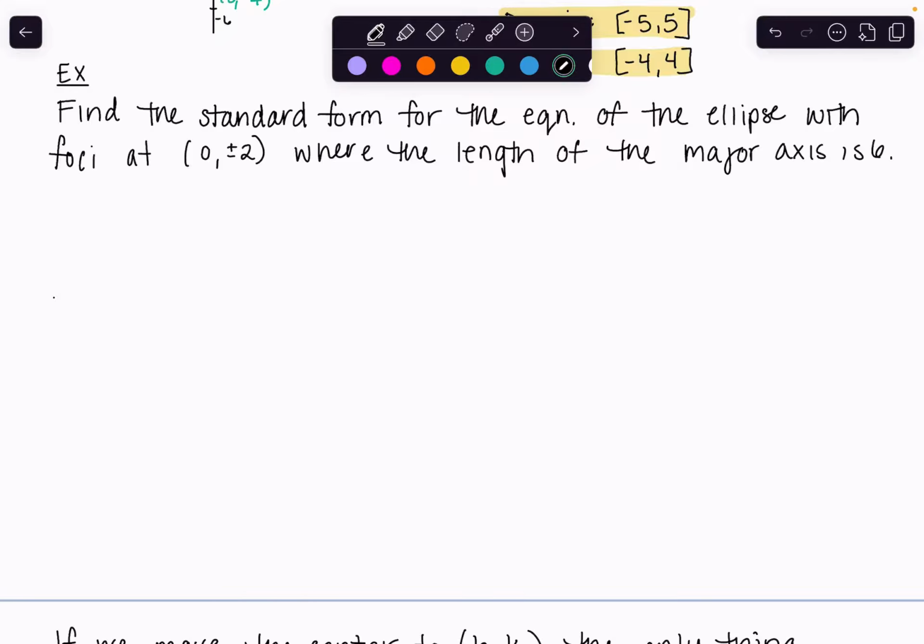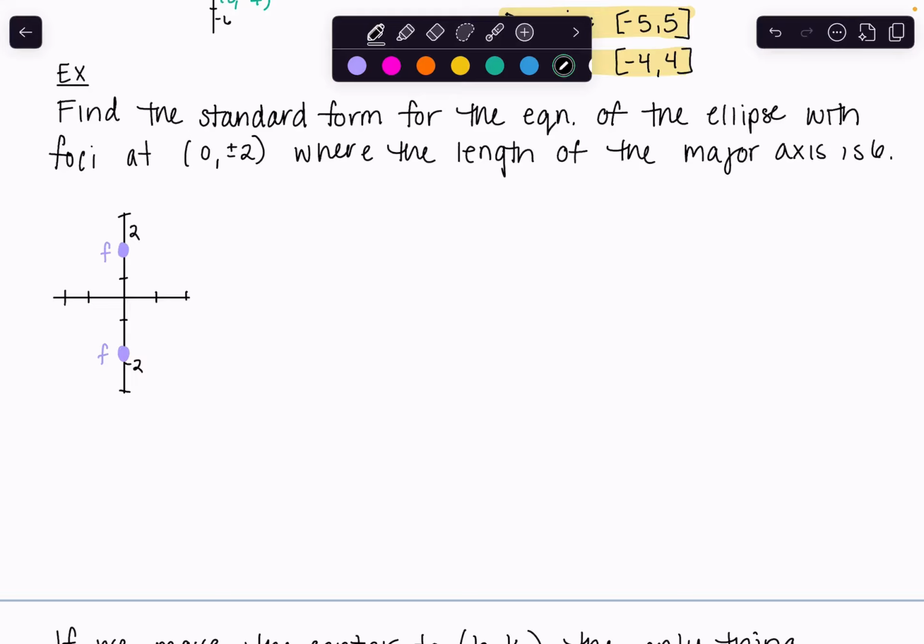So what I want to do is I want to start by getting an idea as what's going on. So if I consider that my y values are going to be important here, I have one foci here at +2 and -2. And then I'll go out a little more in each direction just so I get a better feel for this, okay?